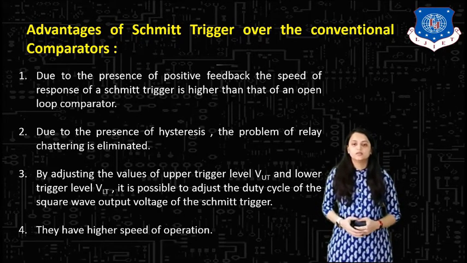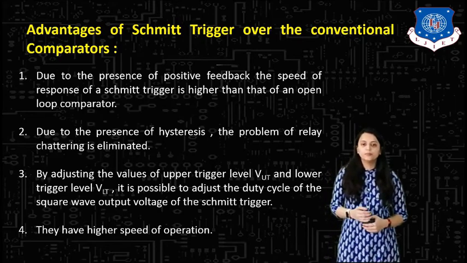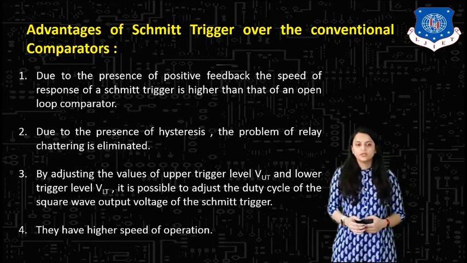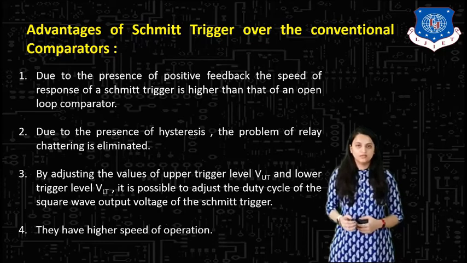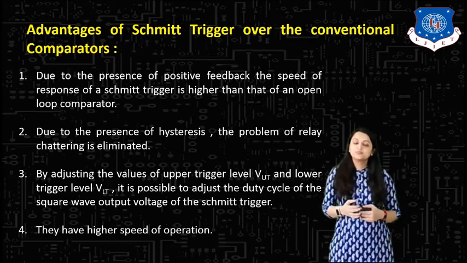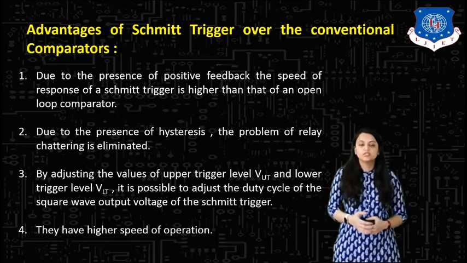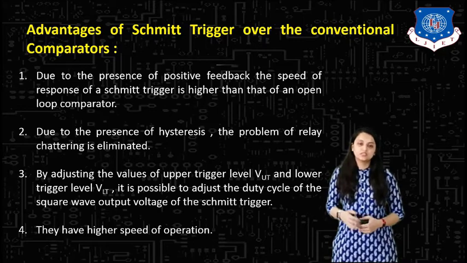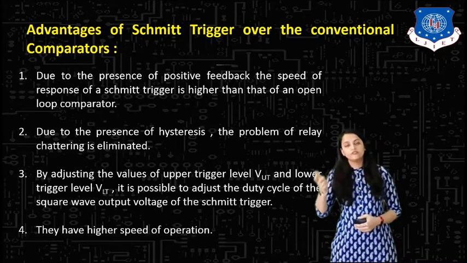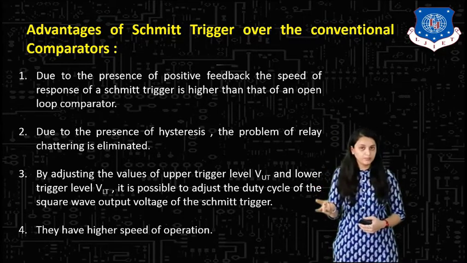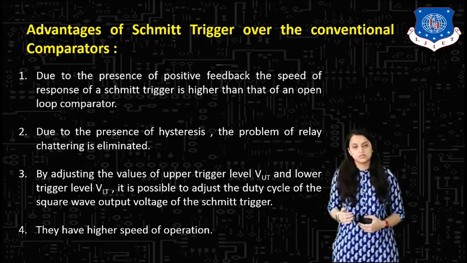Third, by adjusting the value of the upper trigger level VUT and lower trigger level VLT, it is possible to adjust the duty cycle of the square wave voltage of this Schmitt trigger. So we can adjust the duty cycle, which may be 50%, 25%, 75% according to the on and off times.